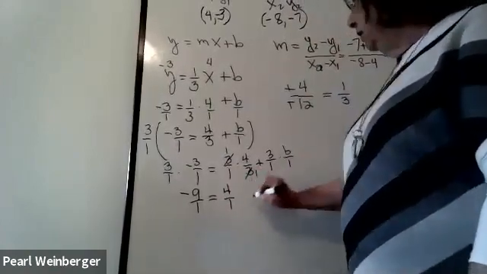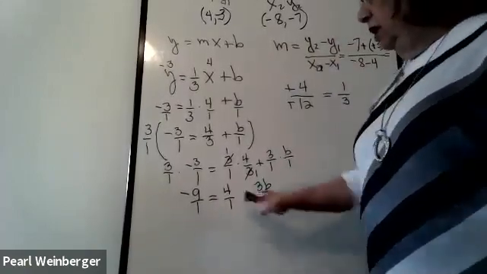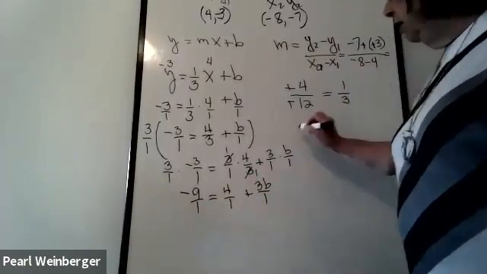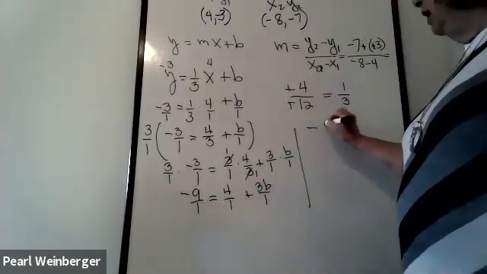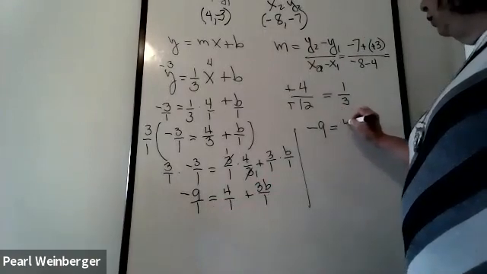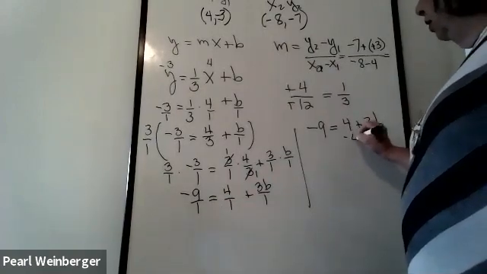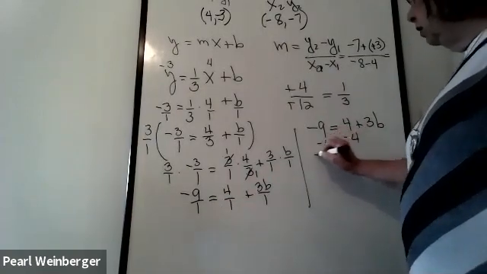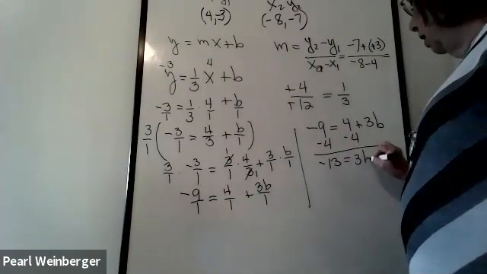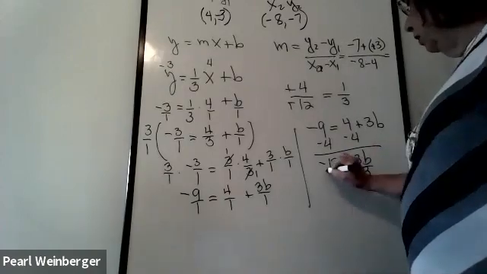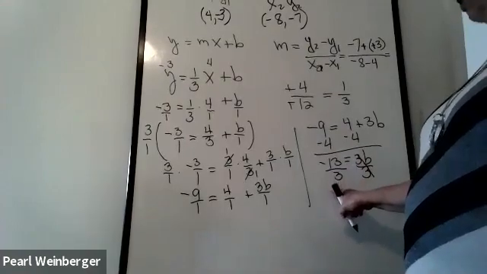And here, nothing cancels out, so that becomes 3b over 1. Now, once everything is over 1, I really don't need those 1s. This really means -9 equals 4 plus 3b. Bringing the 4 to the other side, I get -13 equals 3b, and my b turns out to be -13 over 3.